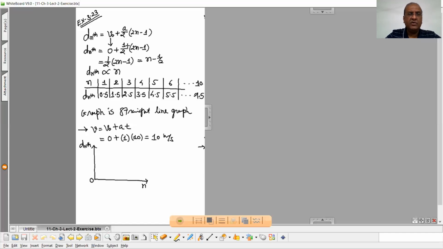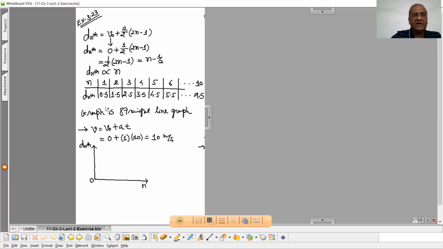So we can write 1 by 2 into 2n minus 1. So d nth, that is 1 by 2 into 2n minus 1, will give you n minus 1 by 2. Means d nth, distance traveled in nth second, is directly proportional to n. So obviously the graph will be a straight line graph.